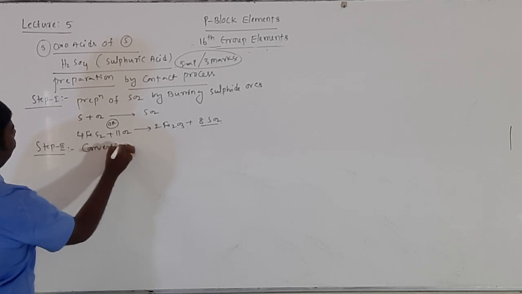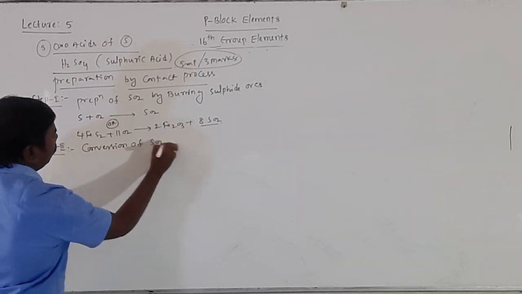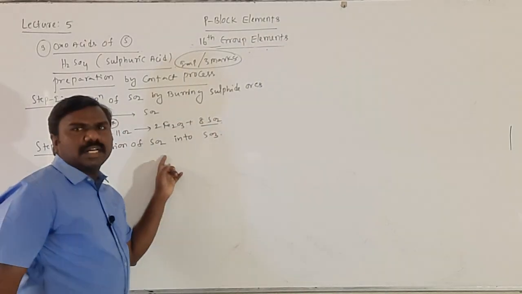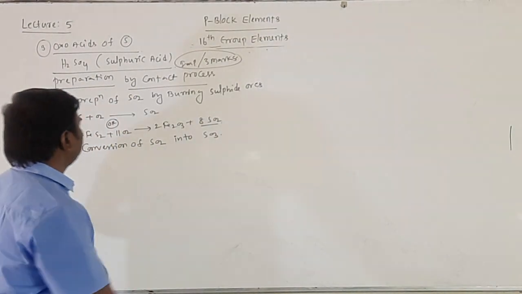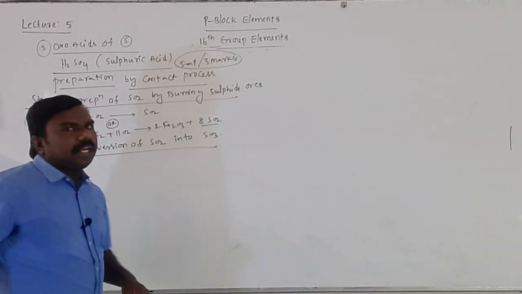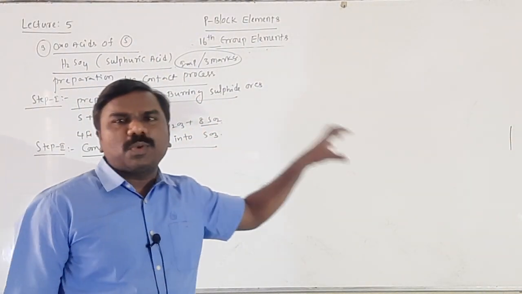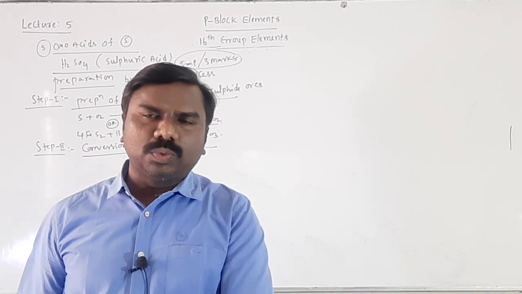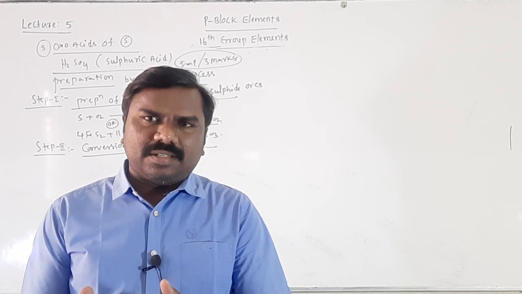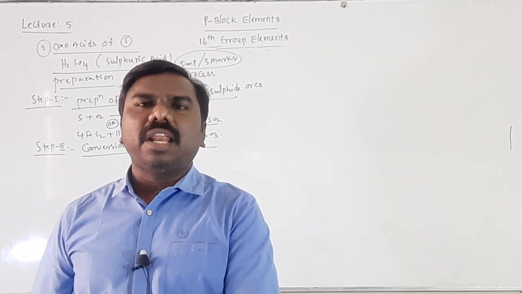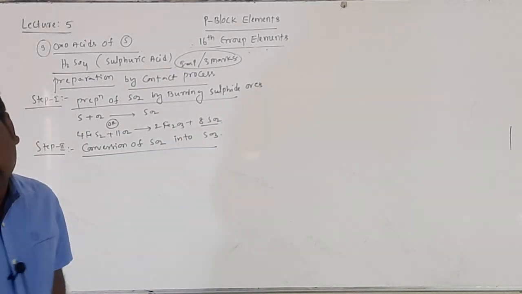Conversion of SO2 into SO3, sulfur dioxide into sulfur trioxide. That is step 2. It means the SO2 gas formed in the first step is passed over a catalyst, in contact with a catalyst. Hence it is named the contact process.